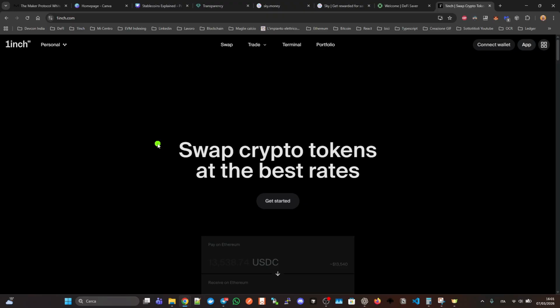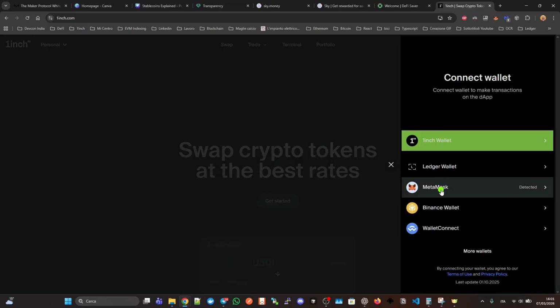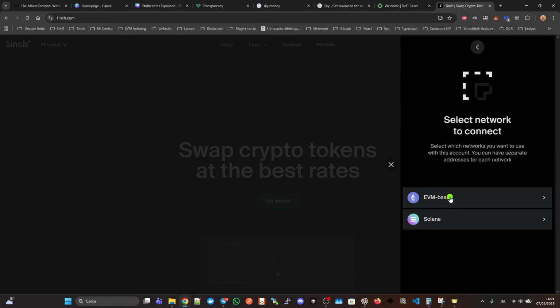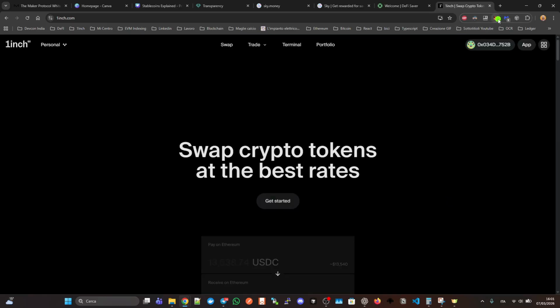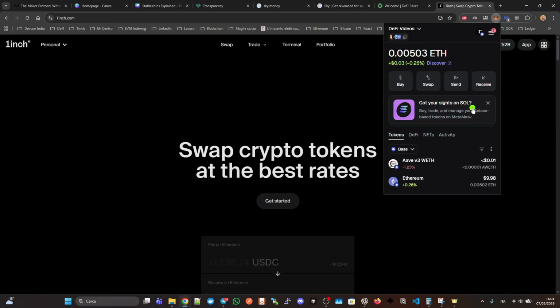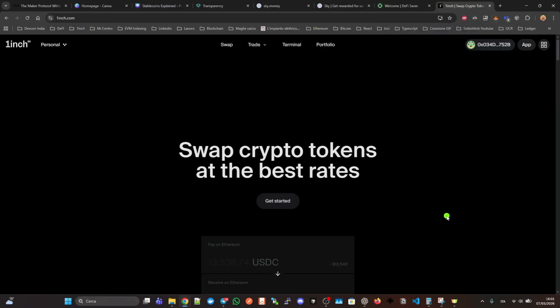But basically, as I said, it allows us to swap one token for another. So if I connect my wallet here, MetaMask, okay, my wallet right now, we are on Base L2, has $10 worth of ETH. So we basically want to try to swap this amount of ETH for a stablecoin.